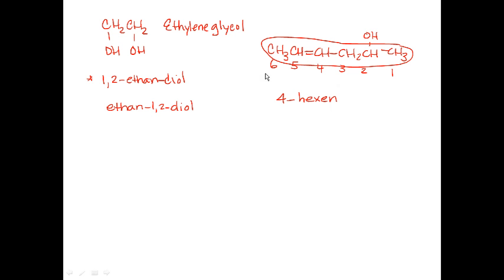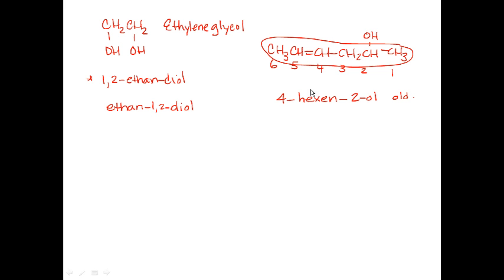Now, I'm telling you that there's a double bond in the 6-carbon chain, and that's at carbon 4. And then you would have 2-ol. That would be the old system of naming this alcohol that has an alkene in the parent chain.